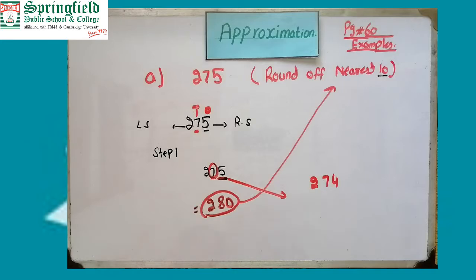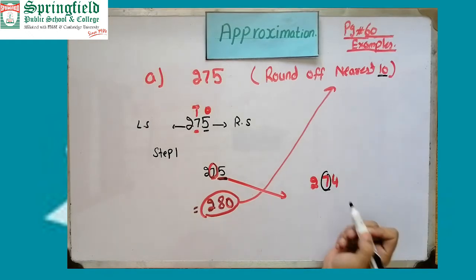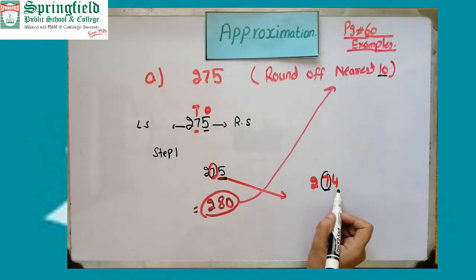First we check which digit is at the place of 10. 7 is at the place of 10, so we circle 7 and look at the digit after the circle, which is less than 5.